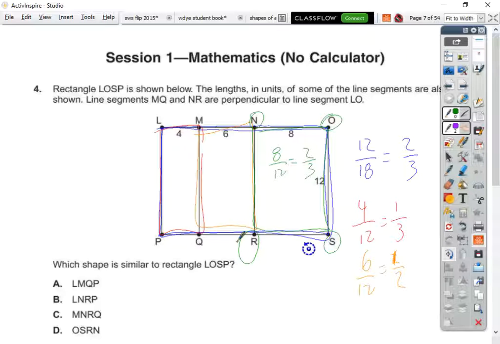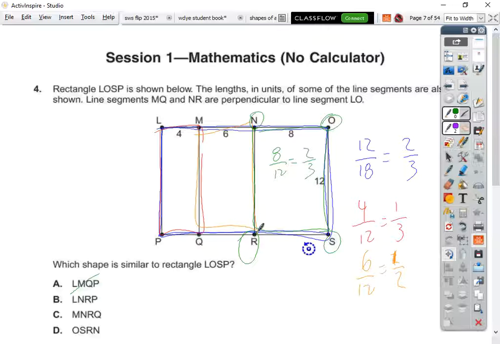But that's not an option. So it gives us LMQP. LMQP. Well, we've disproven that one. LNRQ. So it's a LNRN. PR.